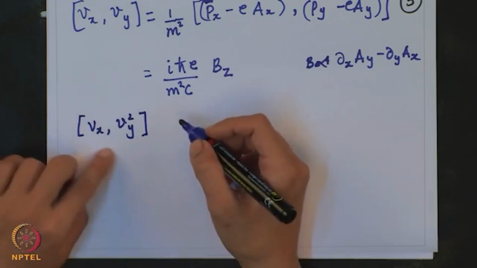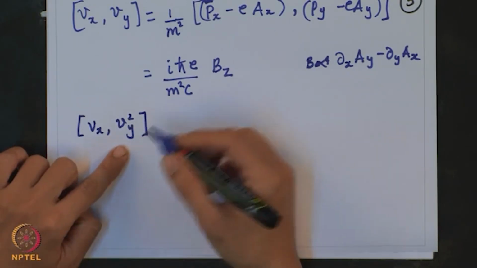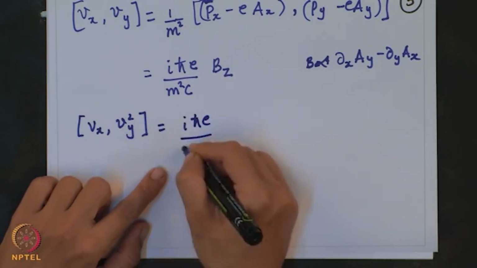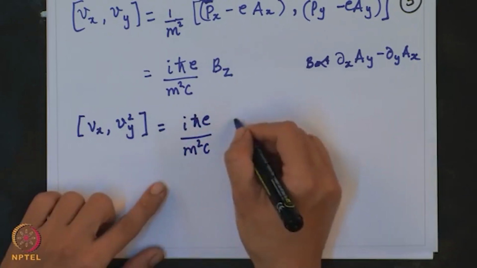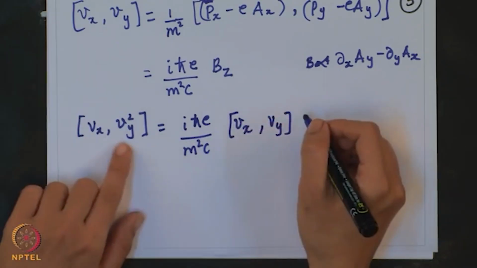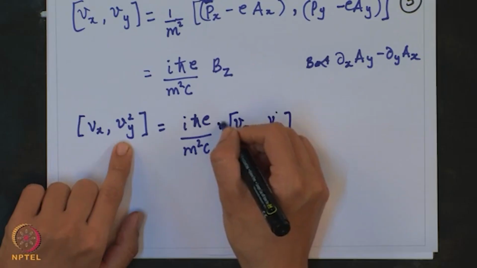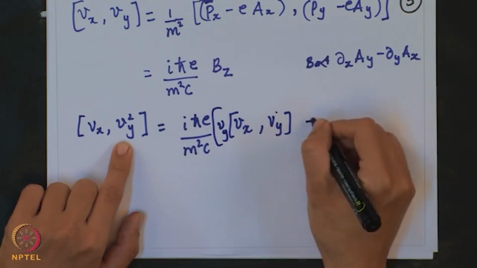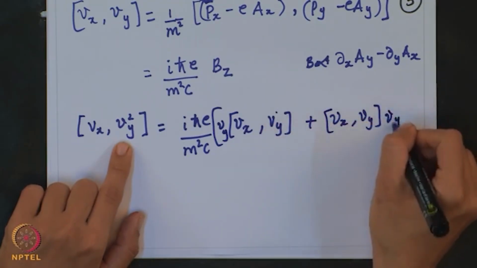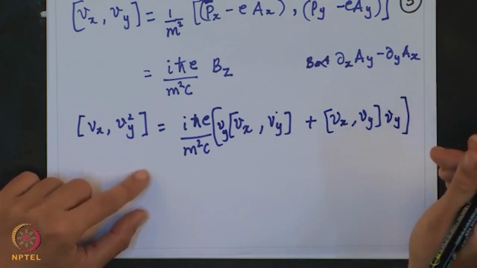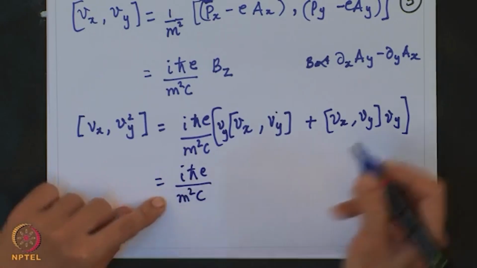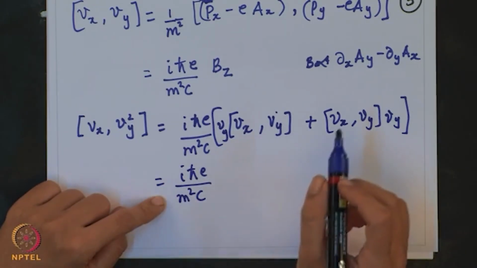So, similarly you can write what will be [V_x, V_y squared]. It is simple, you can rewrite this and use the relation. This is a standard way of solving. So, i h cross e upon m squared c, this we have already.